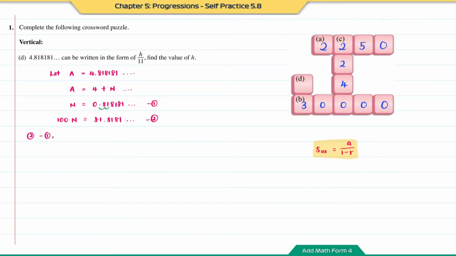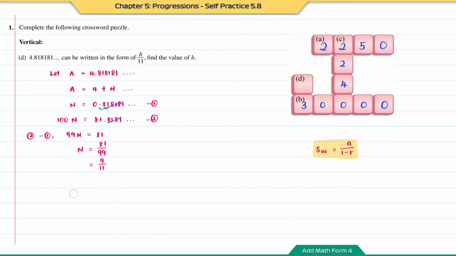So 100n minus just 1n is going to be 99n. 81.8181 minus 0.8181. The decimal parts here, as this is repeating and the same, will be cancelled. Therefore, what's left will be just 81. Therefore, n is equal to 81 over 99. This one we can simplify by dividing using 9. Therefore, we're going to get 9 over 11.